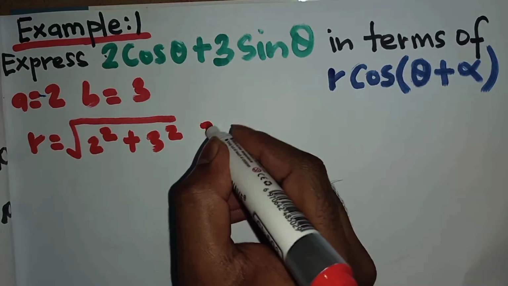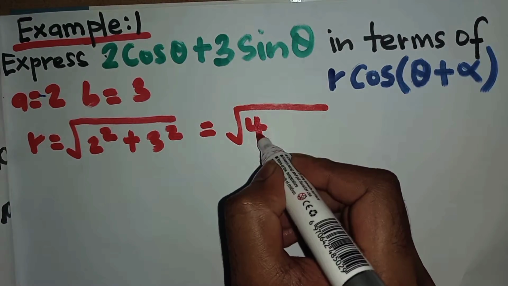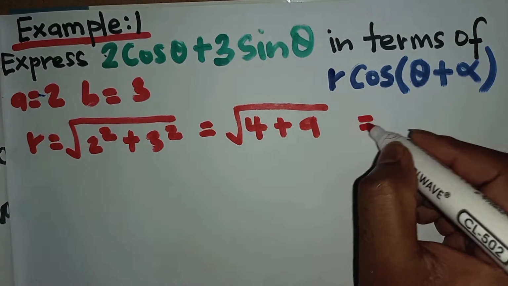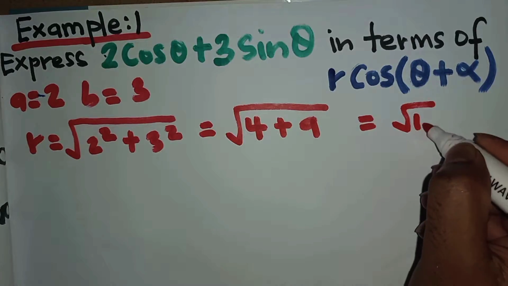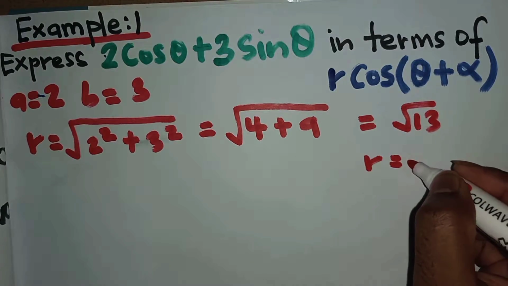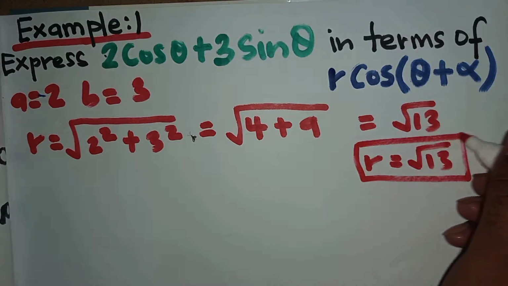So this will be the square root of 4 plus 9, and that will be equal to root of 13. So that means our value of r is equal to root of 13. So we have found the value of r.